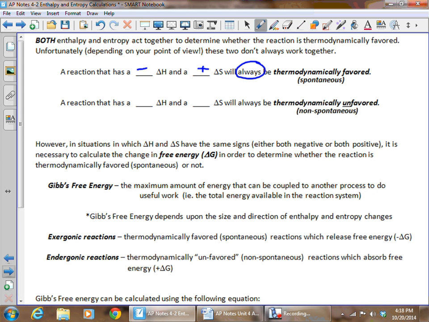We sometimes call these spontaneous reactions because they work. I'm just going to put works out here, okay? A reaction that has a positive delta H and a negative delta S, unfavorable in both situations, will always be thermodynamically unfavored, meaning it is non-spontaneous or it won't work.